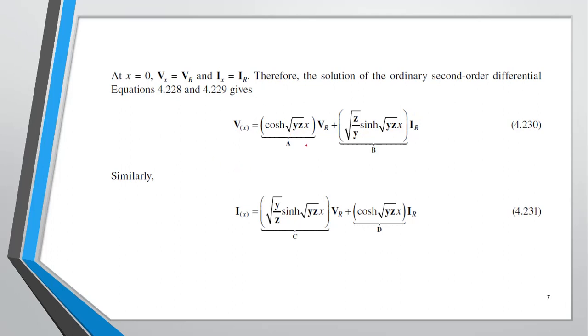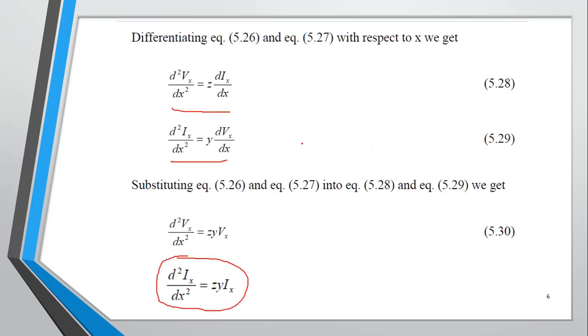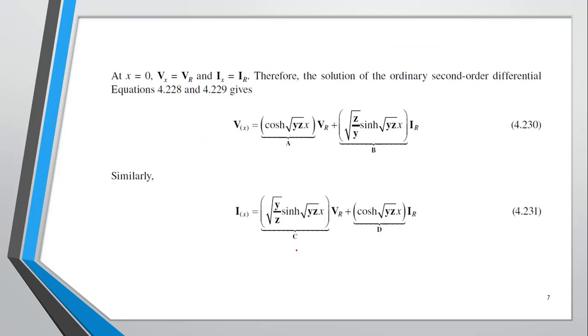If you have the book and you consult it, you will find the derivation of this equation. These are the second order differential equations, and based on these we calculate Vx, and similarly we calculate Ix. These are the two values which are mentioned in the book too.